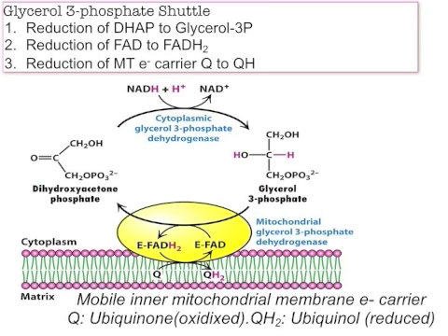This is a mobile carrier that is lipophilic and shuttles back and forth in the inner mitochondrial membrane, carrying electrons from one electron carrier to another. Ubiquinone is often abbreviated Q. This is the oxidized form of the electron carrier, whereas QH2, ubiquinol, is the reduced form. We will look at this more closely in a little while.